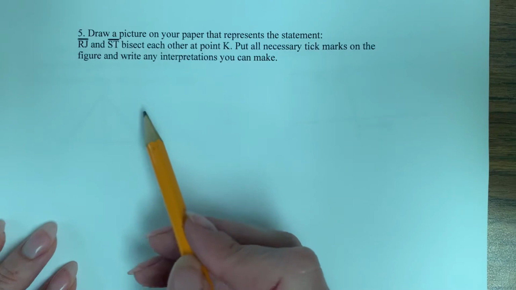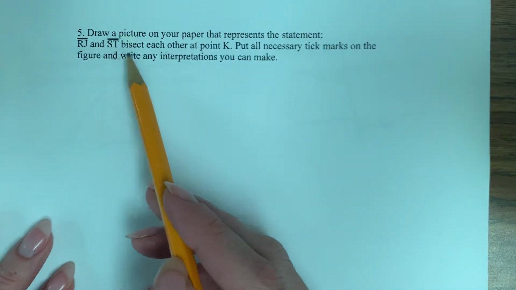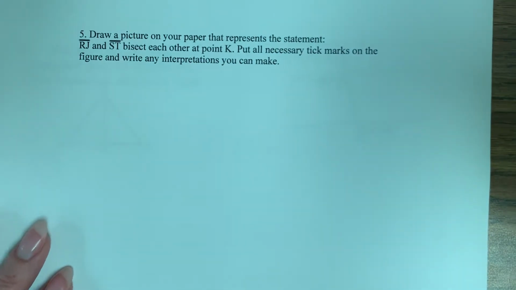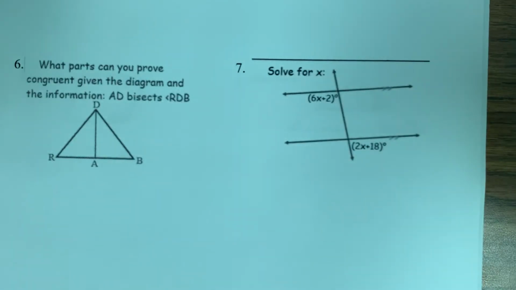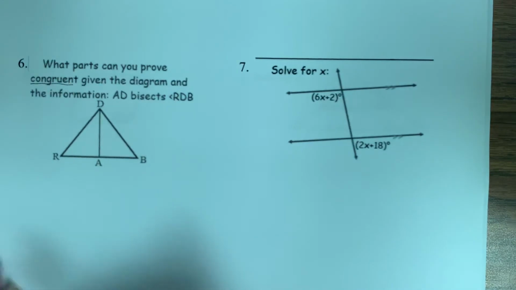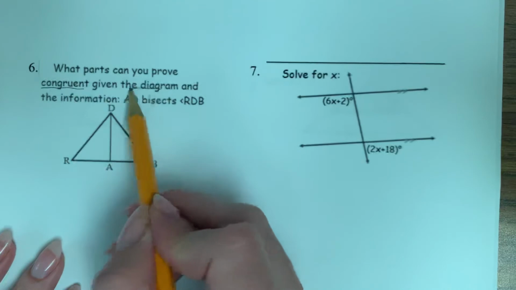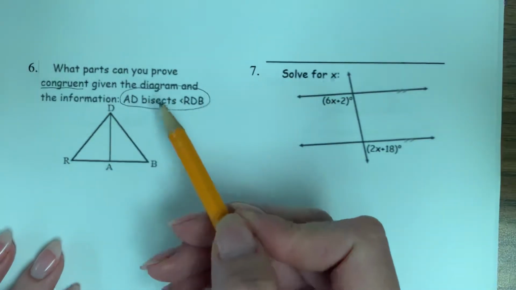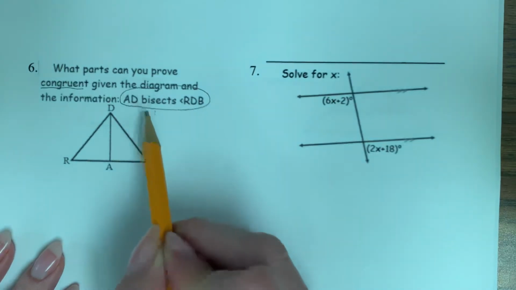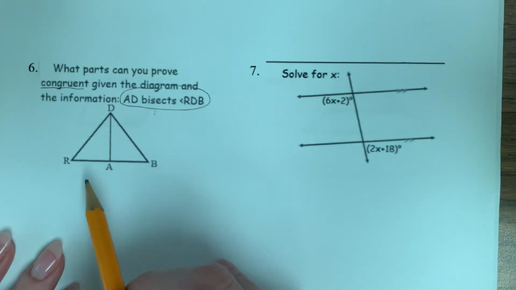For number 5, you're just going to have to draw these two and show them bisecting each other at this point. So that one I'm not going to give you any hints on. This one, you're trying to figure out what's congruent. So are there any parts of this picture that you can say are equal because of this statement? So I would go back to your notes and look up what an angle bisector is and see if you can figure out what is congruent in this picture.